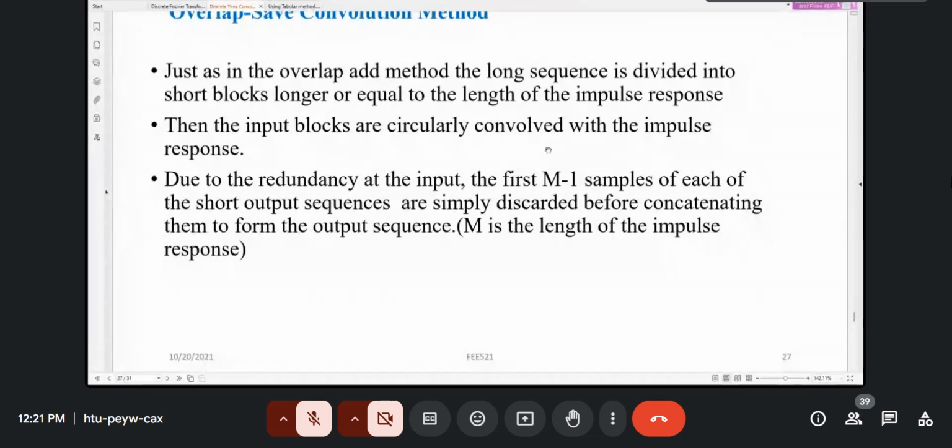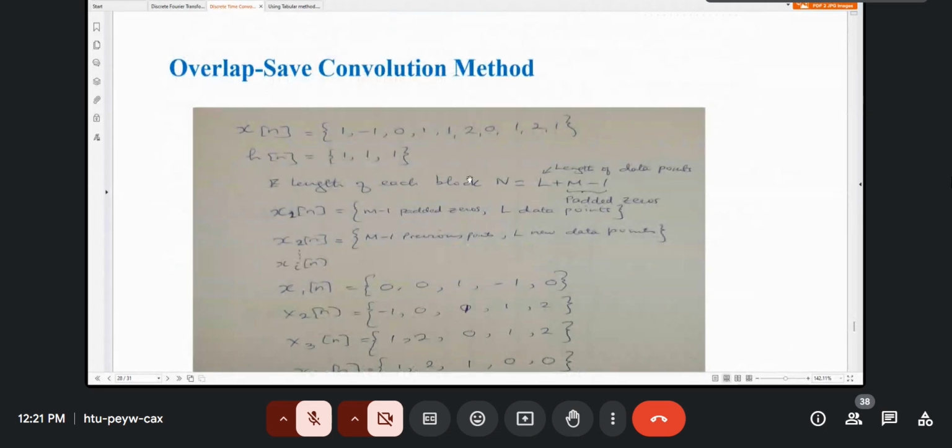Once you do the division of the previous sequence, we put N minus 1 samples of it as part of the next sequence. Let's go to the example, then we don't have to explain that much. I'm using the same sequence, just to demonstrate. Here it is.